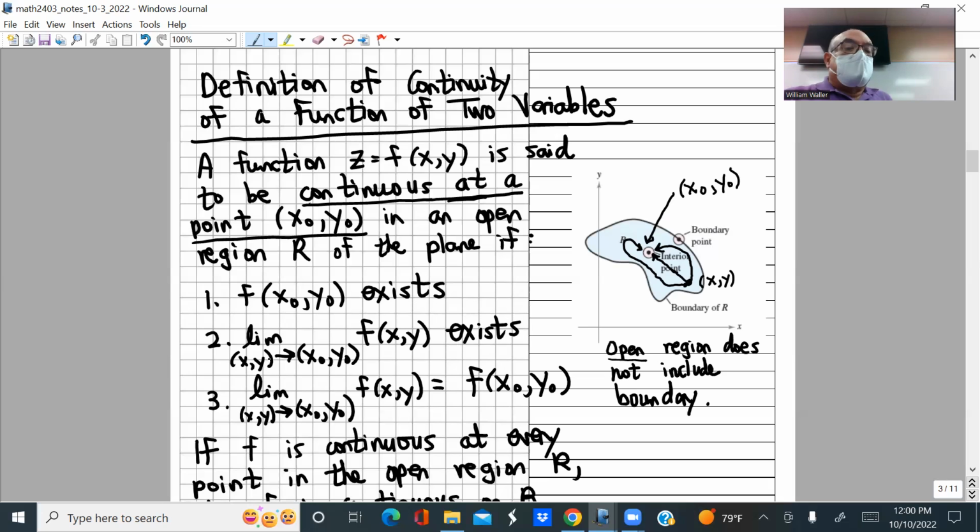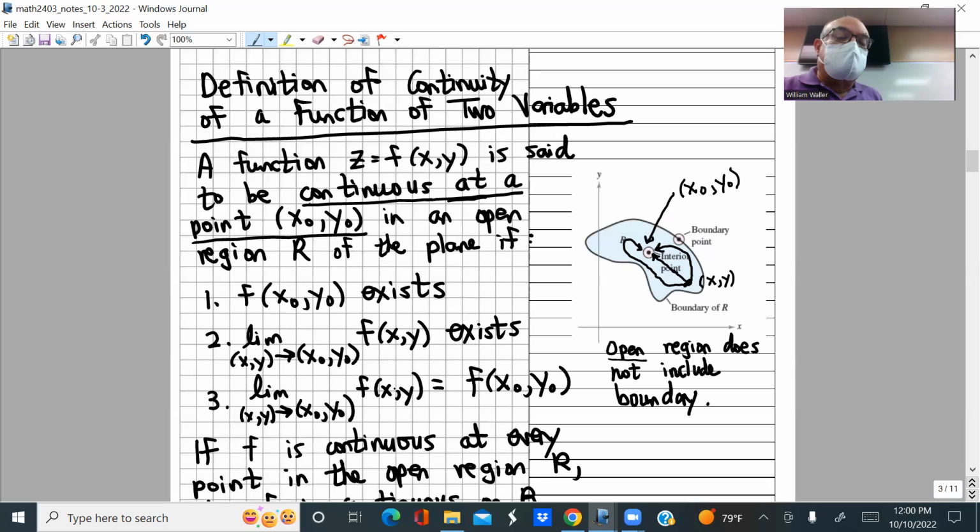So in other words, if you're computing for points along these paths, plugging those points into your function and computing the output values, those output values have to start converging to a limit. Furthermore, here's the last key part.